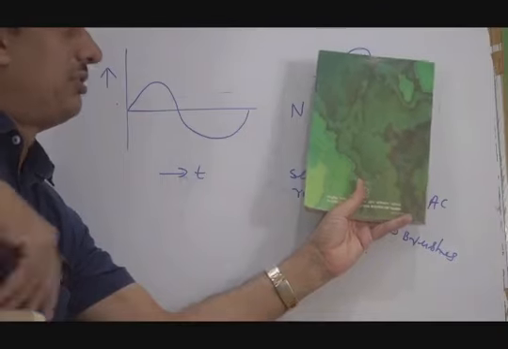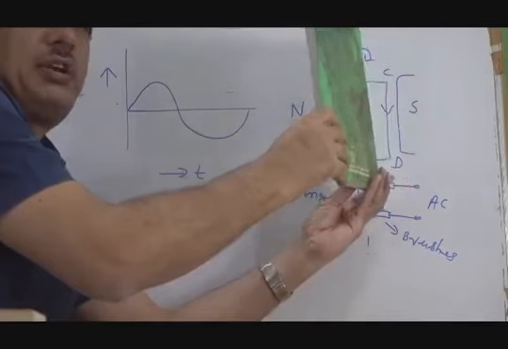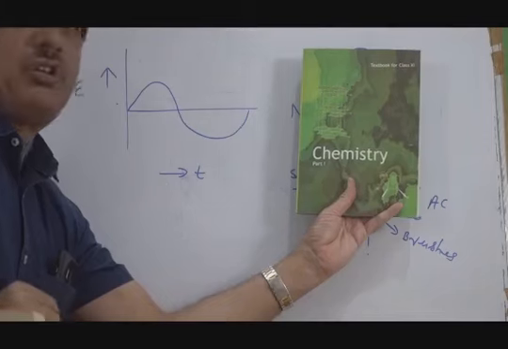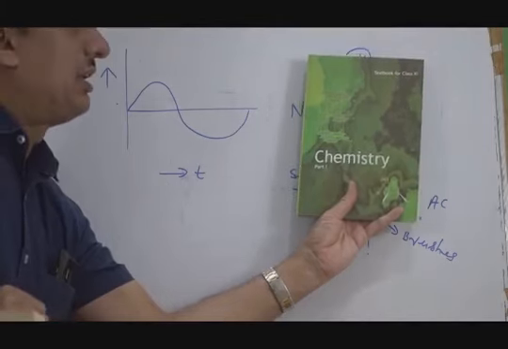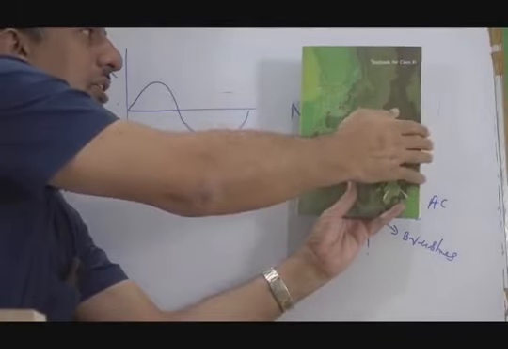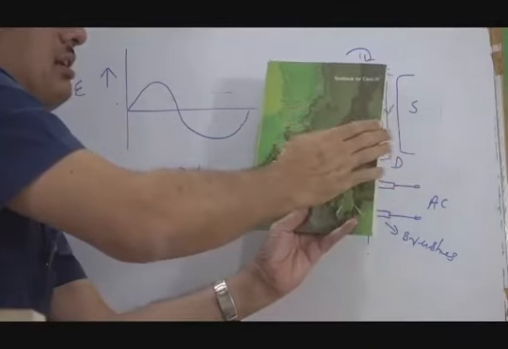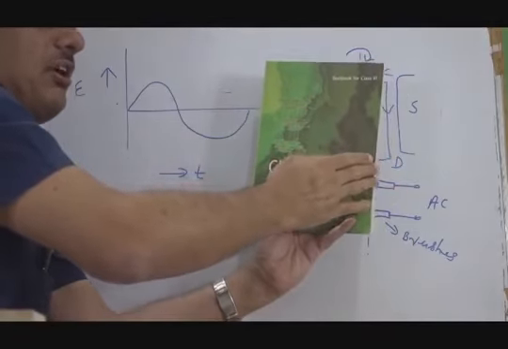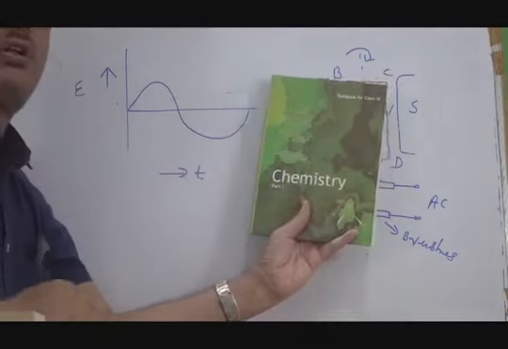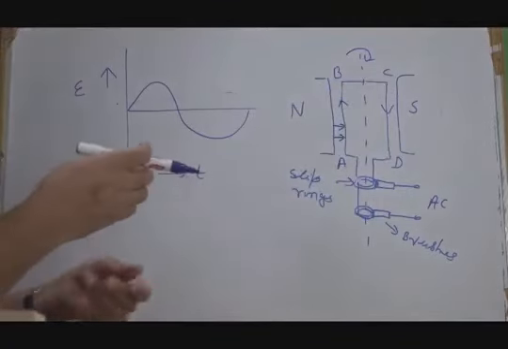Now I am rotating it. 90-degree rotation, 180-degree rotation. After 180 degrees, now what was the direction of current in this side? It was downward. So initially, in this side, the direction of the current was upward. After 180-degree rotation, this direction will become downward. So the direction of the current will be reversed after 180 degrees.